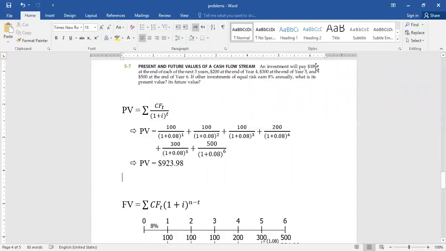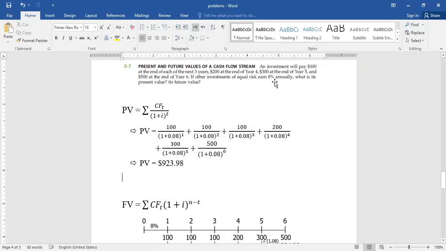So as we know, this investment will pay $100 for the first 3 years. So I need to discount to the present moment. So how do I discount? I divide the cash flow by 1 plus I to the power t. The $100 that I'll receive at year 1, I divide it by 1 plus I, my interest rate. In the problem, it says other investments of equal risk earn 8% annually.